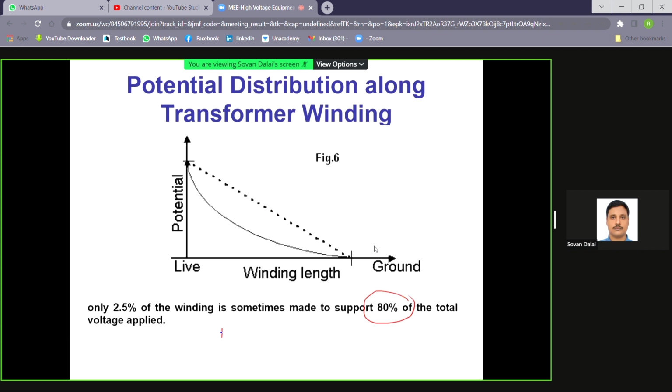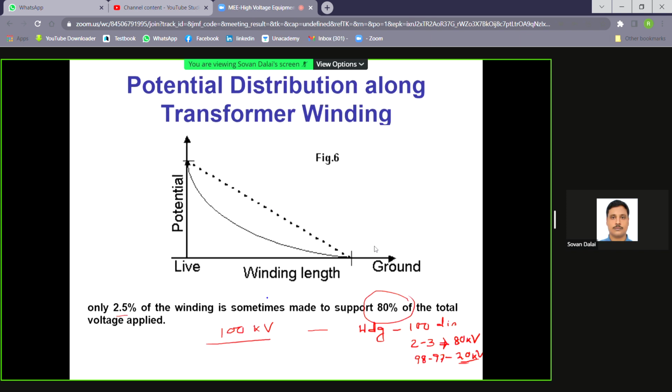Say if I apply 100 kilovolt across a transformer winding, the winding may consist of, for example, 100 discs. Now the first 2.5% of the discs, say the first 2 to 3 discs, basically share 80 kilovolt, and the rest of the winding, the remaining 97 to 98 discs, only share 20 kV. So this is the distribution of the voltage along the transformer winding.